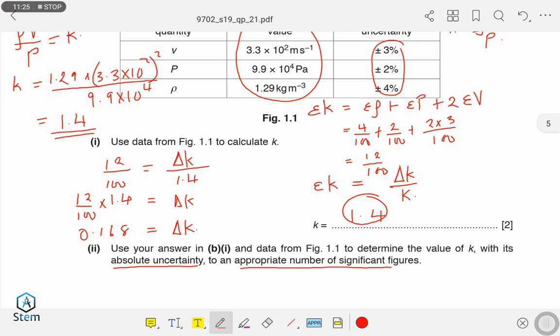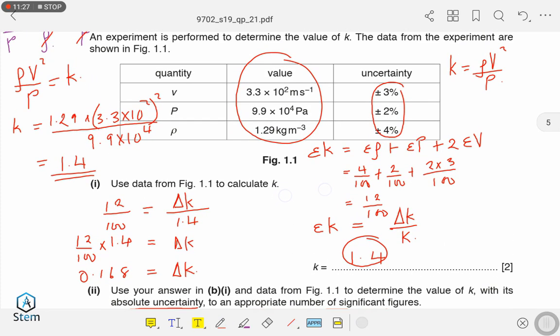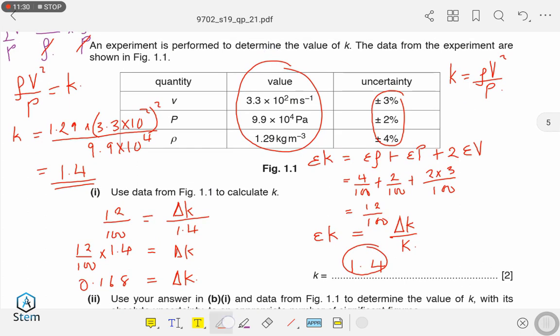So for K, we are going to look among the raw data there, and we can see 3.3 and 9.9, those are two significant figures. So K should be presented to two significant figures. Then uncertainty, if we look at the data in the uncertainty column, it is being presented to one significant figure. 3%, 2%, and 4%, that is one significant figure.